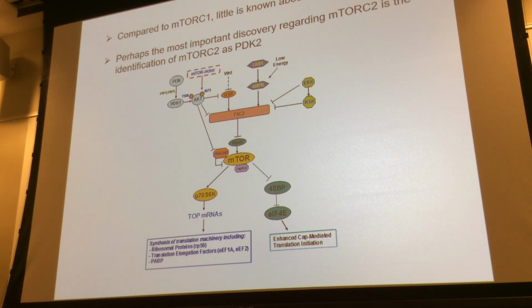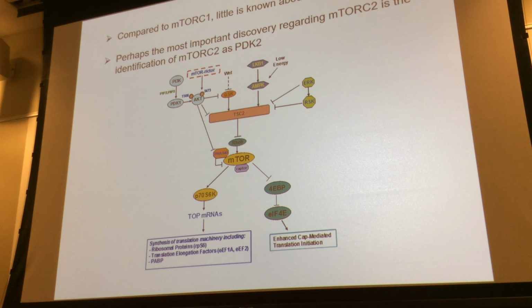Many, many years later, they found mTORC2, with Rictor. And it turns out mTORC2 and PDK2 are the same thing. So mTORC2 is the long-sought PDK2. Okay, that's the short story.